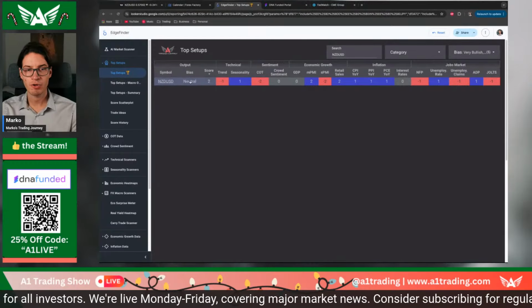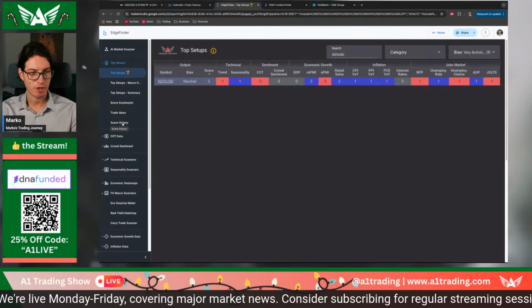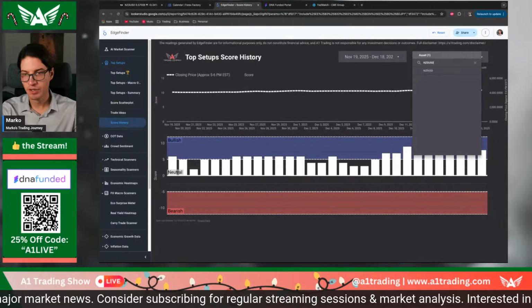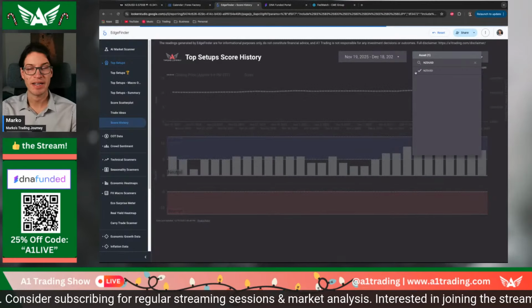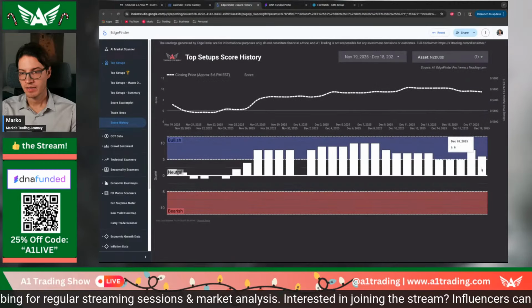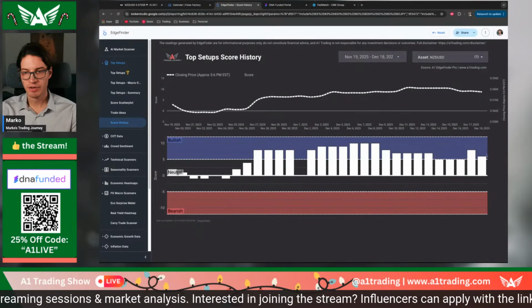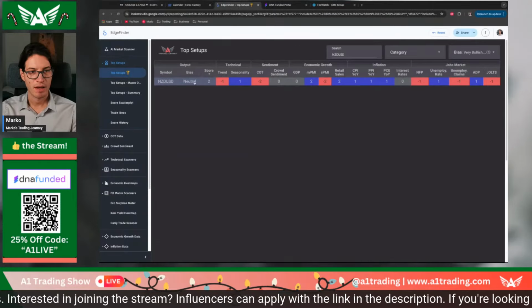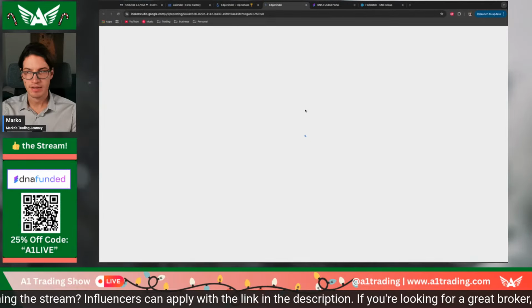Okay, we're getting a neutral reading now, but it used to be bullish. That's a bit of a problem, because I usually like to take trades that are in line with the EdgeFinder. So yeah, it was in the bullish territory, but now it went to a neutral territory. Where have we lost the reading? Let's see.